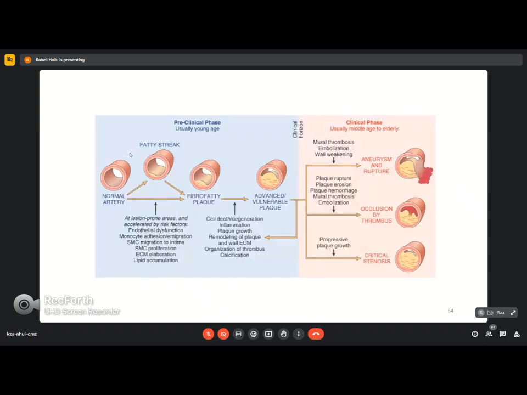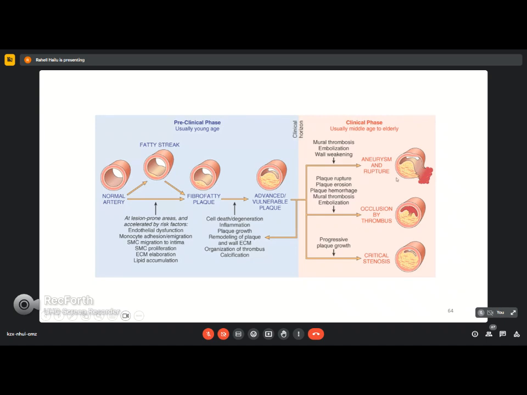So the preclinical phase is usually in the young age, and it is characterized by those morphologic lesions that we have discussed: the fatty streak, the flat lesions with just yellowish change on the surface of the inner wall of the vessel, and then you have the fibrofatty plaque. A raised lesion occludes the lumen to a certain degree, and you have an advancing vulnerable plaque where you don't have the fibrous cap, and it is progressing with the occlusion of that lumen.